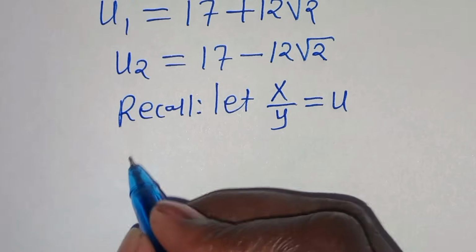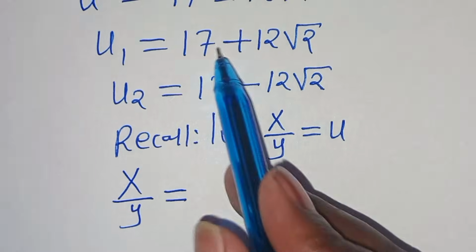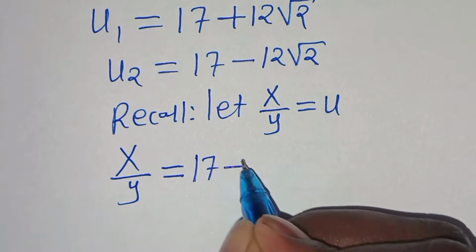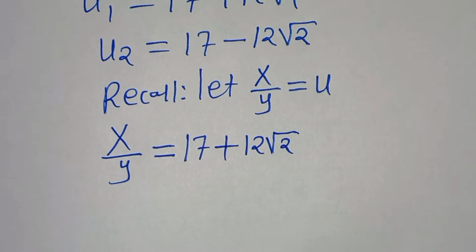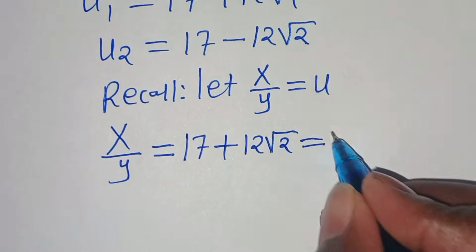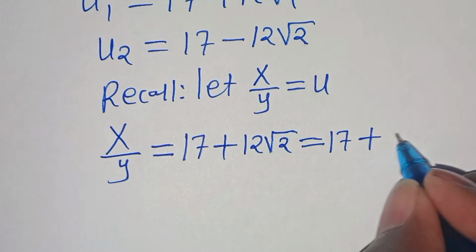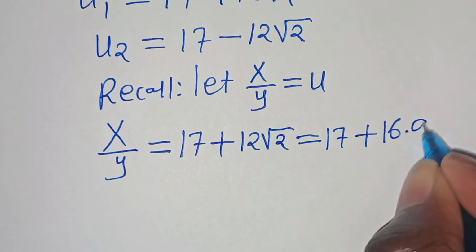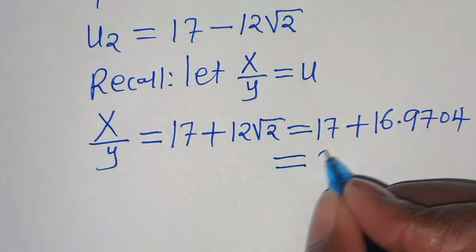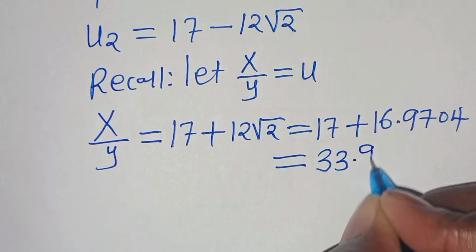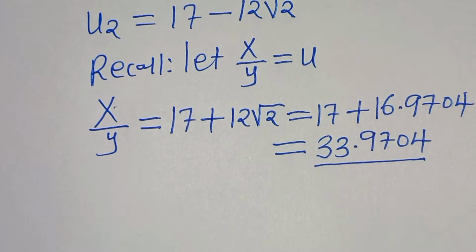Okay, so we have x over y, this is equal to, now u1 is 17 plus 12 multiplied by square root of 2, and this is actually equal to 17 plus, now 12 multiplied by square root of 2, this is the same thing as 16.9704, and this gives us a value of 33.9704. So this is the first solution of x over y.